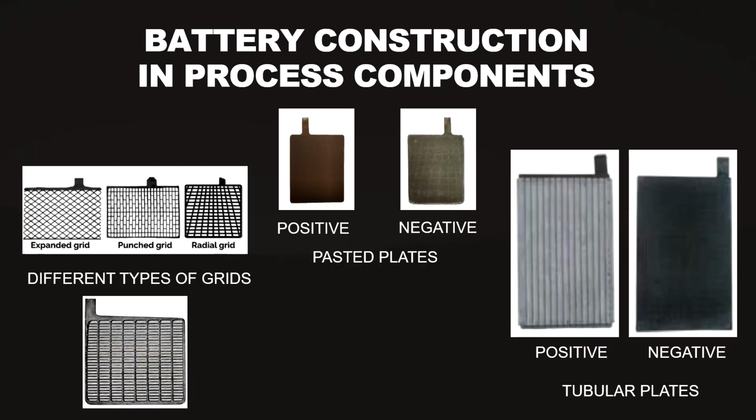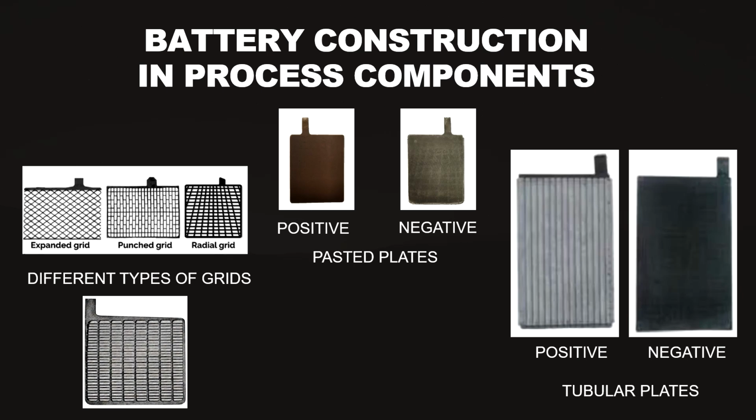Here you see the grids of the mesh type are shown on the left hand side. These are different designs of grids. Once the pasted plates are formed, they acquire a chocolate brown color in the case of positives and a slate gray color for negatives.